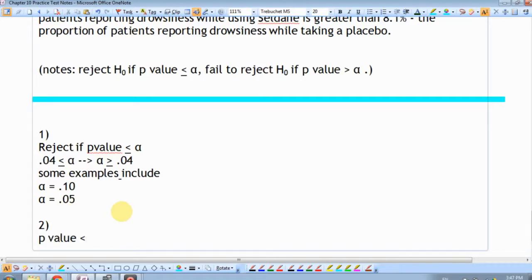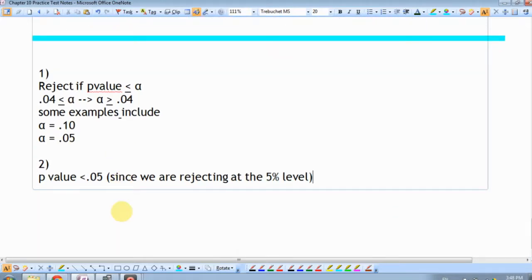We don't know what it is exactly, but we do know that it has to be less than 0.05, since we are rejecting at the 5% level. Alpha is the significance level, 0.05 for this one.